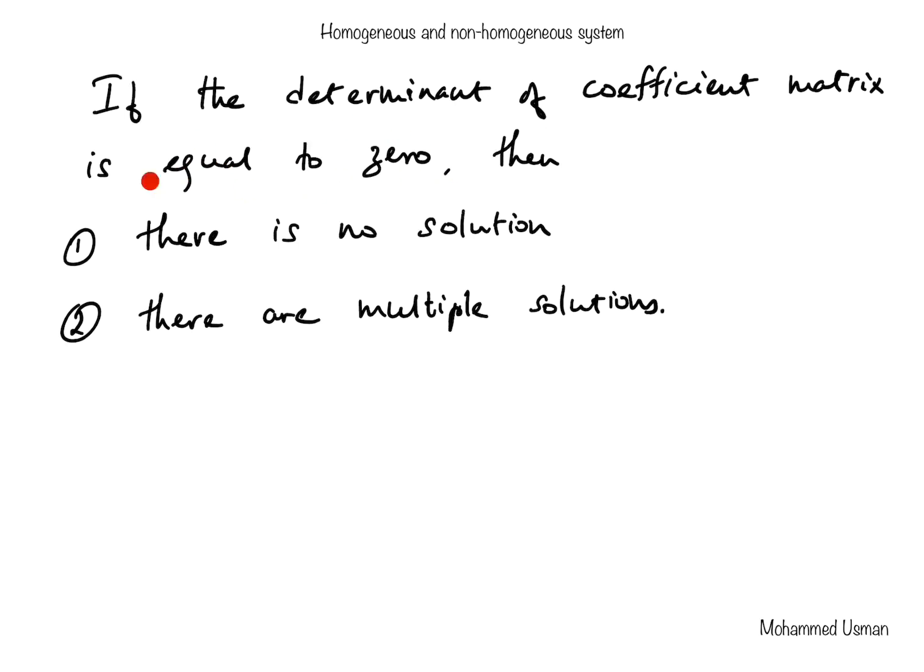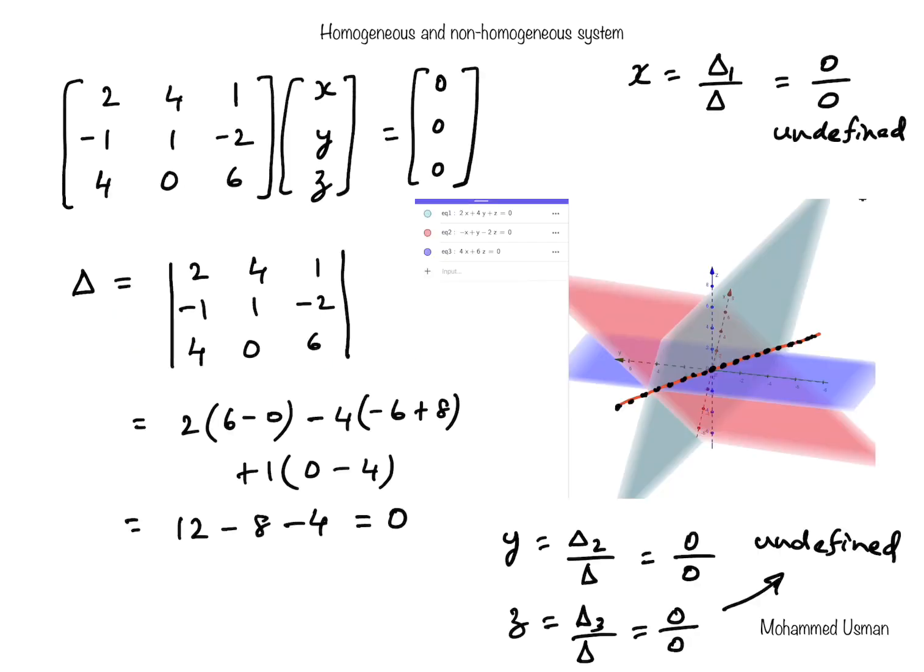The determinant being equal to 0 means that the coefficient matrix is singular, and in that case it could either mean that there is no solution, that means there is no point of intersection at all, or there are multiple points of intersection, as in this case. So we have multiple points of intersection at which these three planes meet or intersect, right?